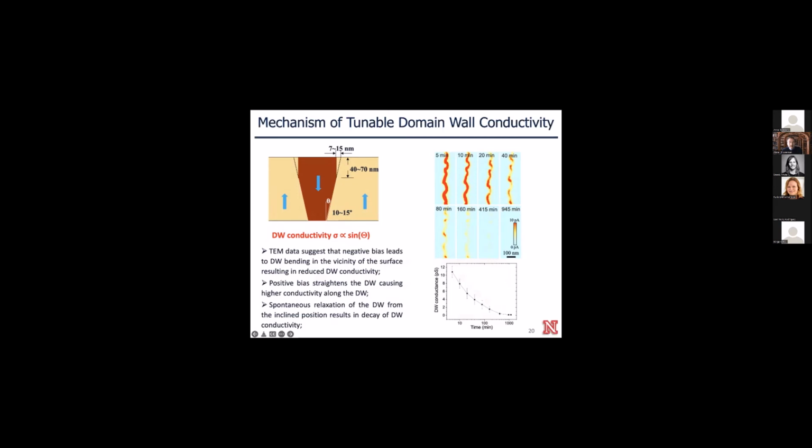And it's similar to the transition induced by the negative set voltage, indicating that the mechanism behind the conductance changes is probably the relaxation of the charges at the domain wall. In other words, the domain wall with time will spontaneously bend. And this bending is associated with the displacement of the domain wall at its intersection with the upper surface.